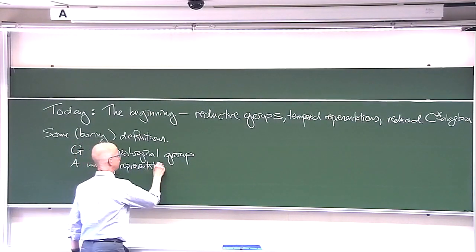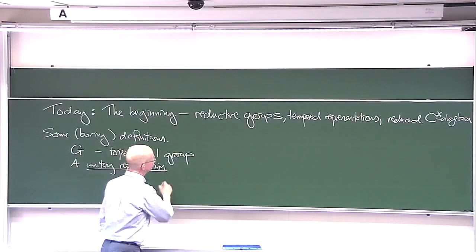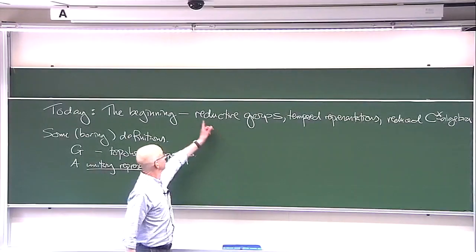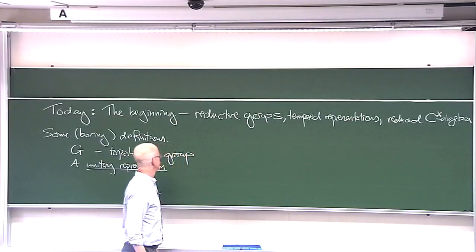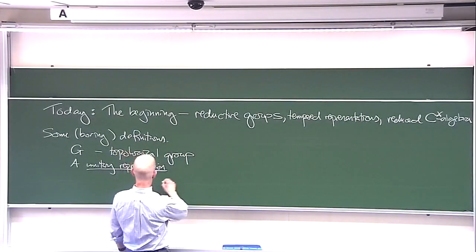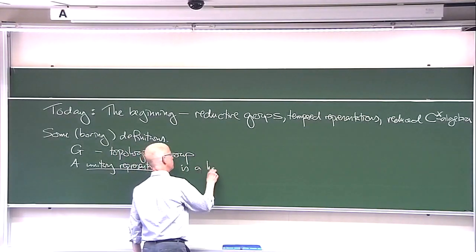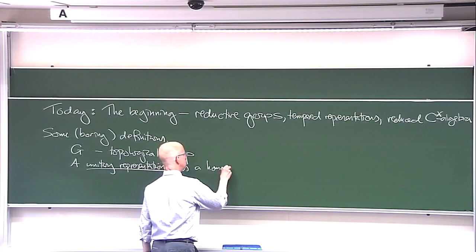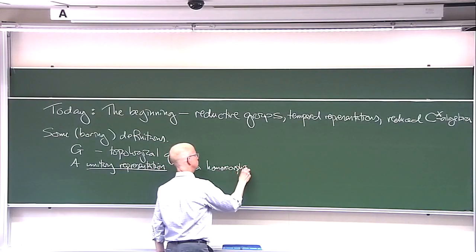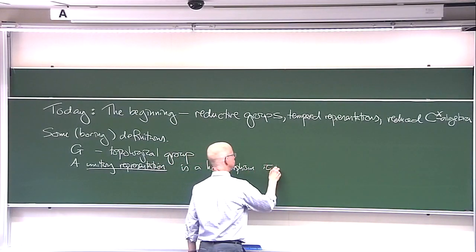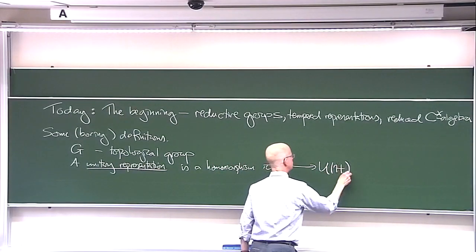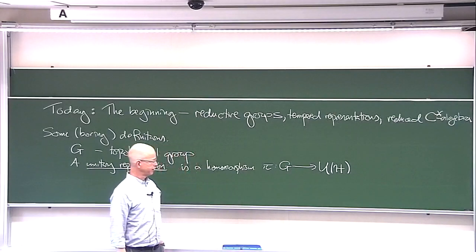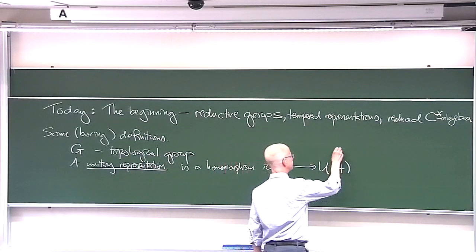I want to study unitary representations of G. These tempered representations are examples of unitary representations. It's just a homomorphism of groups, as you know, from G into the group of unitary operators on Hilbert space.